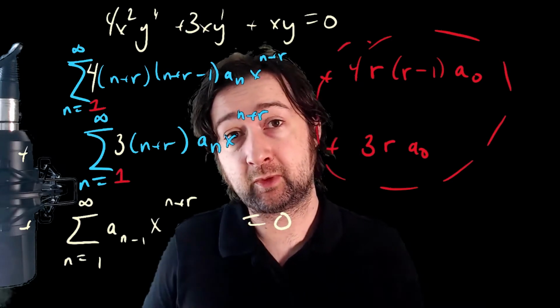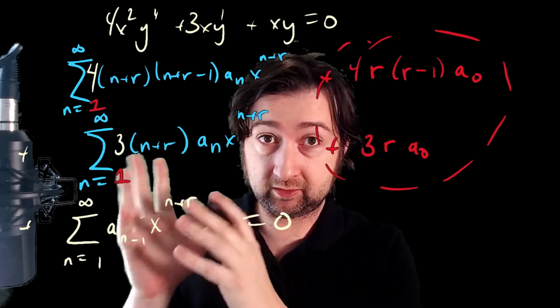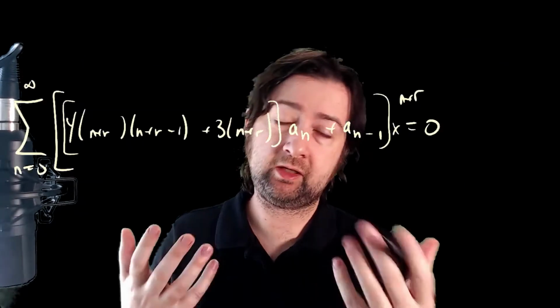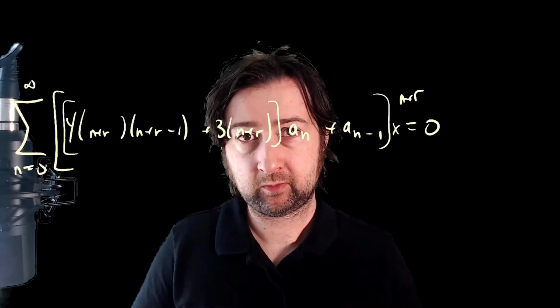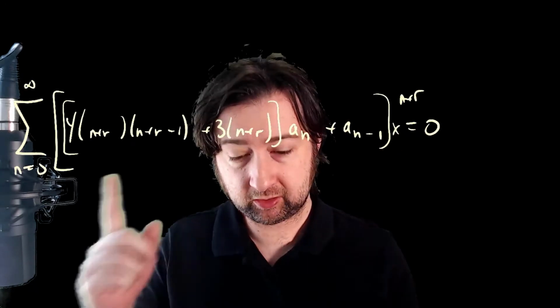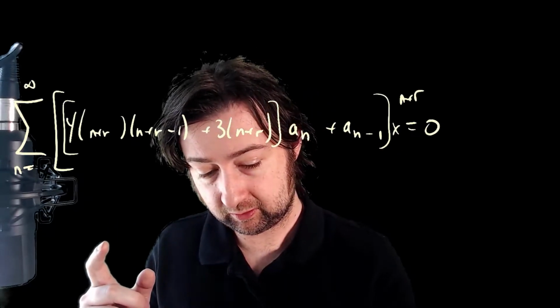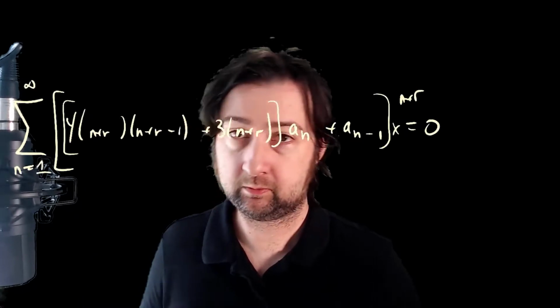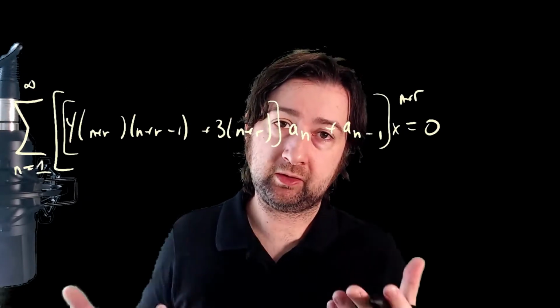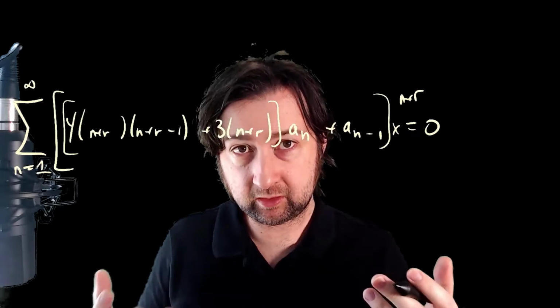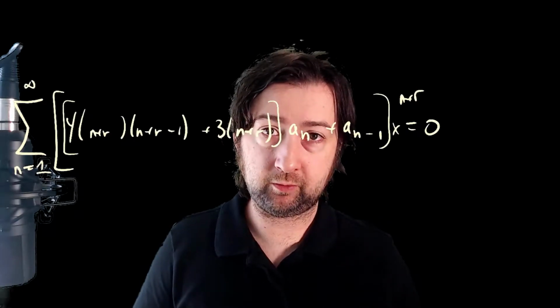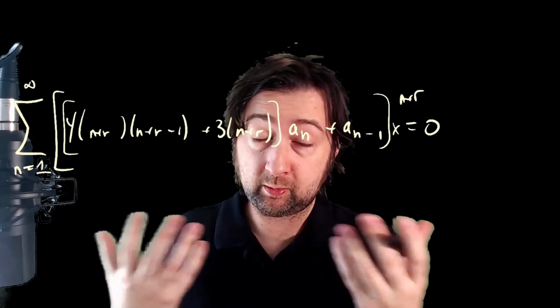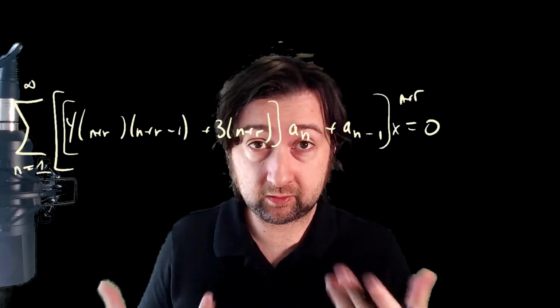So what we're going to do to get the recursion is smash all the rest of these together. That'll give us the following. So when I take those series and put them together, this is the result. I could do this because the powers match and the indices match. And this just looks like a recursion like we would have gotten in the previous section about series solutions.